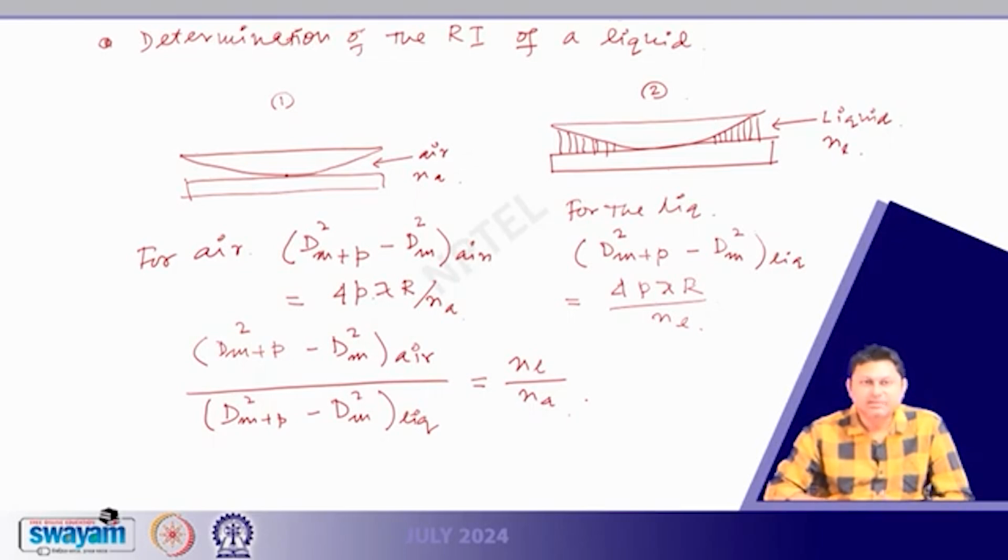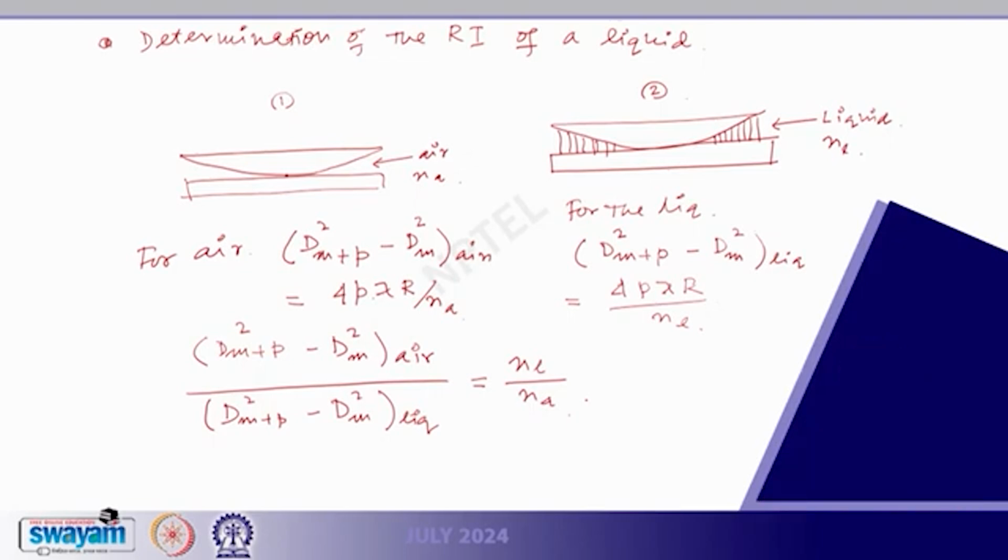In the next class, I am going to calculate what happens when we use some sort of optical interferometer. And what is an optical interferometer? It is a system such that by changing the cavity, that means changing the length between two mirrors or two plates, I change the path difference.